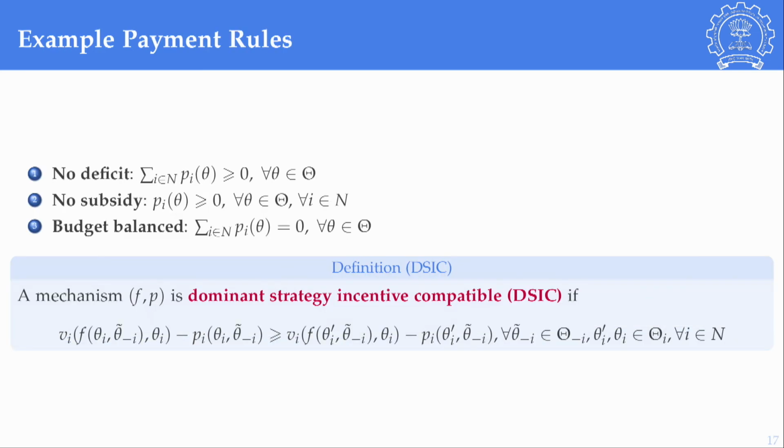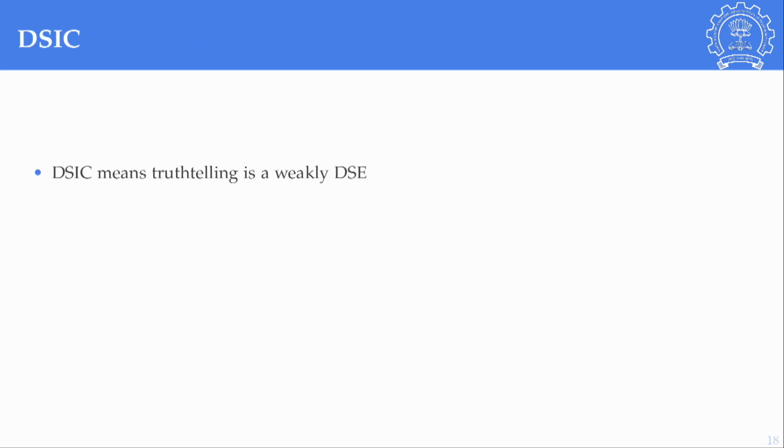Remember that the second component is the true type, and if you report your type truthfully, then this is the utility that you get, the left hand side. Contrast that with your true type being theta i but you report theta i prime: then that utility cannot be larger than the utility when you are reporting truthfully. And if this inequality holds for all theta i, theta minus i, theta i prime, and for all agents, we are saying that this is DSIC, which is saying that truth telling is a weakly dominant strategy equilibrium.